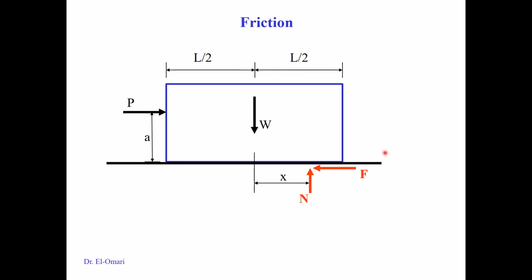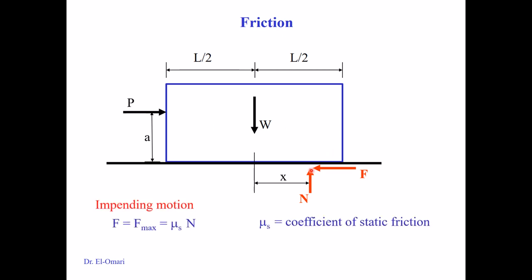So we always try to analyze either whether this force will start to move this object, or what is the force that will put this in motion. This situation of motion, or about to move, we call impending motion, which means that the friction force reaches its maximum.